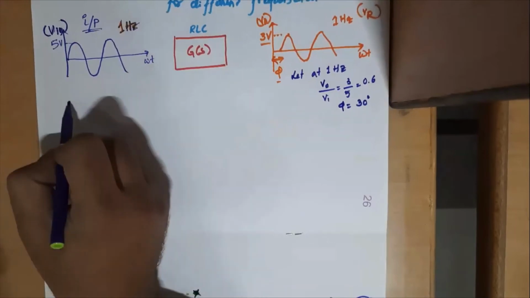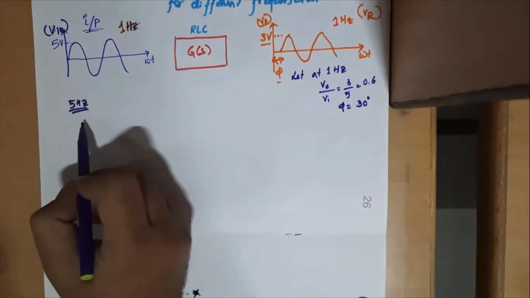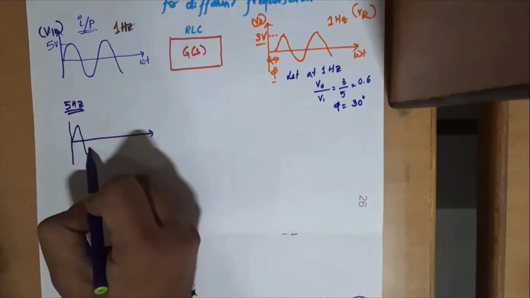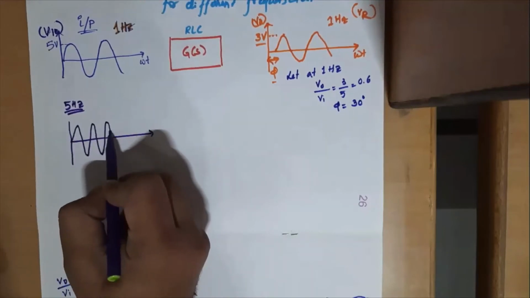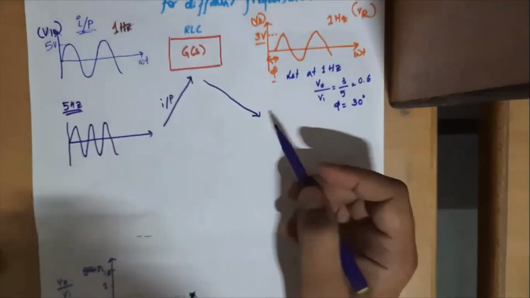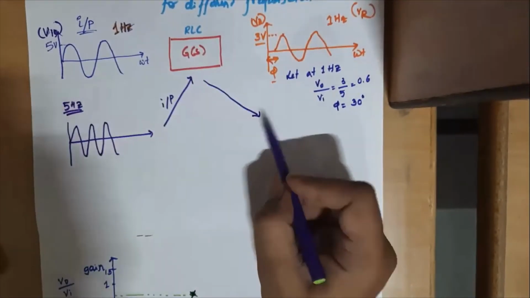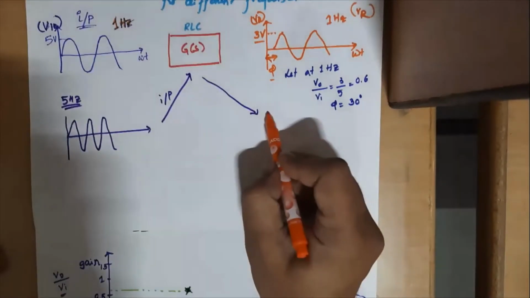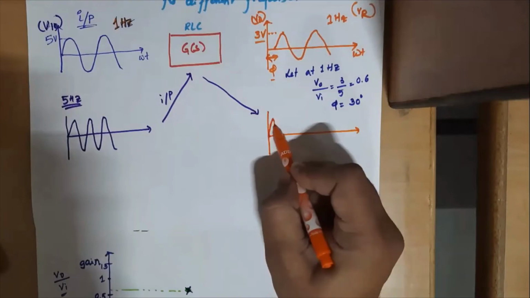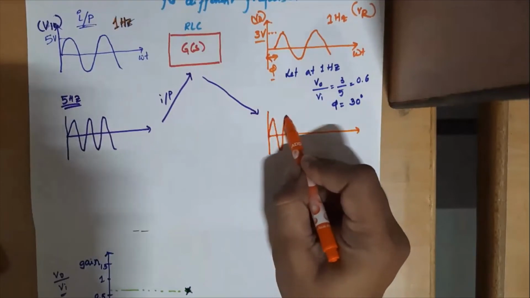Now let me change the frequency of the input to 5 hertz. This is a 5 hertz sinusoidal applied to the same system. So again there will be a change in the phase angle as well as magnitude.